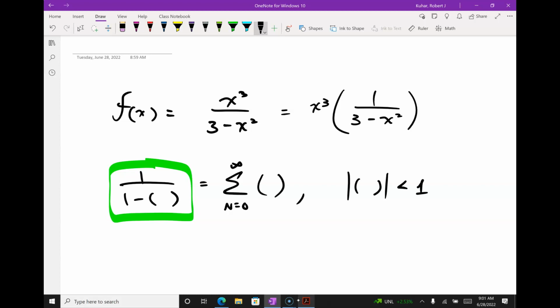I can get the 1 in the bottom left of the denominator by dividing everything by 3.